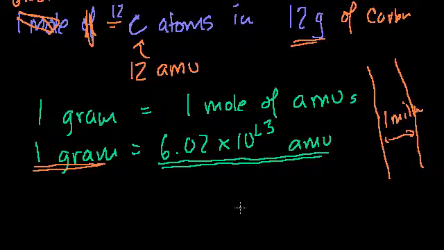Or if you were to take an apple, and you were to try to figure out what fraction, if you were to make one of the atoms of an apple, and obviously an apple has a bunch of different types of atoms in it, but if you were to take one of the atoms and make it the size of the apple, then the apple would be the size of the Earth.